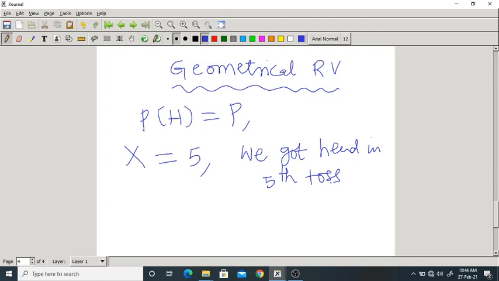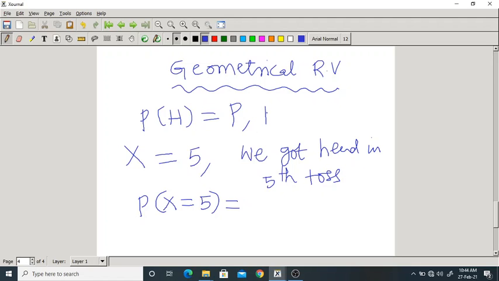Okay. Now what is that probability? What is the probability that x equal to 5? Which means x equal to 5 means what? What is x? A random variable which is nothing but the number of tosses required for the head to turn up for the first time. So x equal to 5 means you got head in the 5th toss for the first time, which means in the first 4 tosses you got tail.